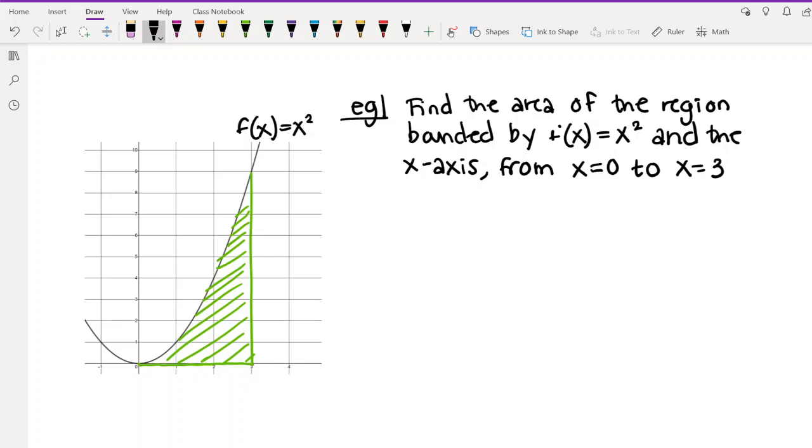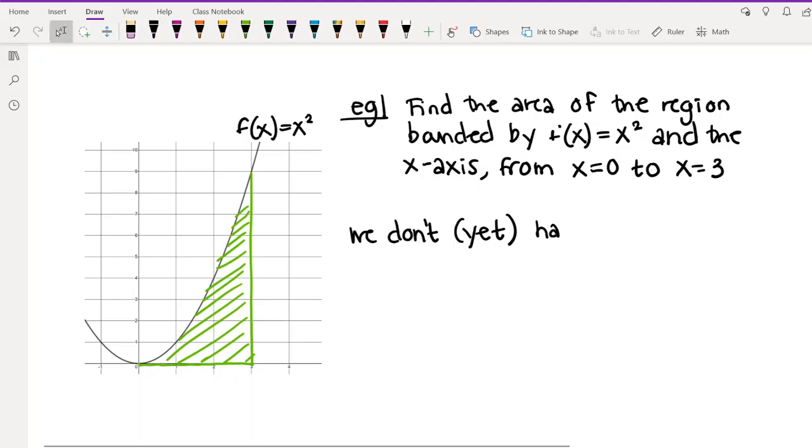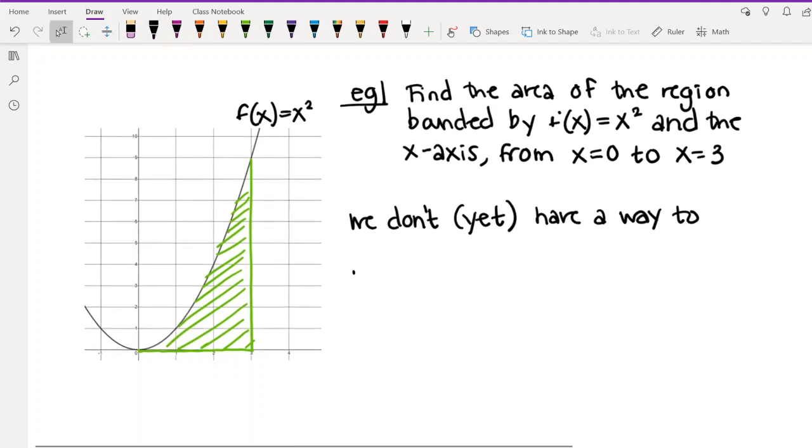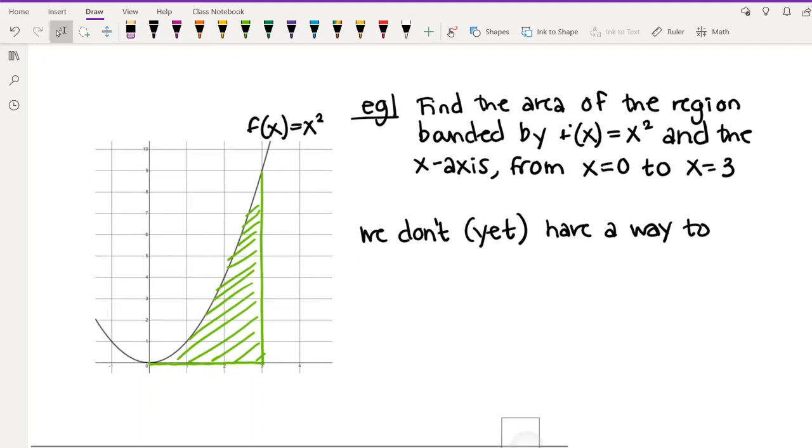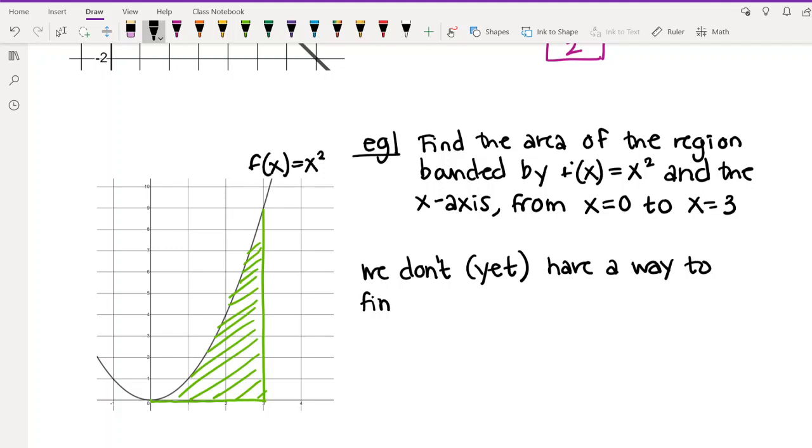So let me write that down. We don't, and I'll say yet because starting next week, we'll see how to actually find this area. But we don't yet have a way to find the exact area.